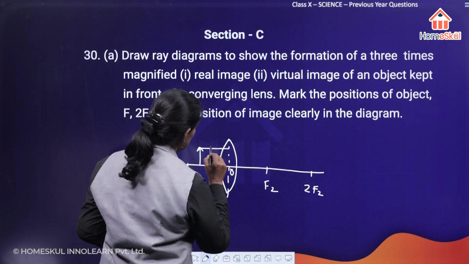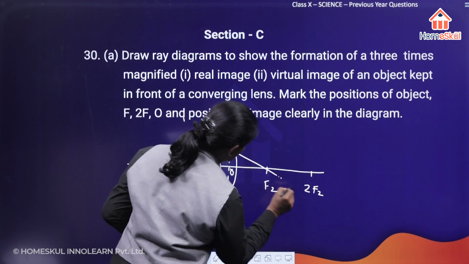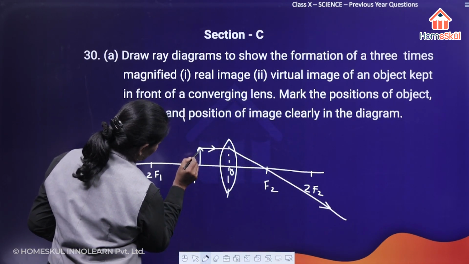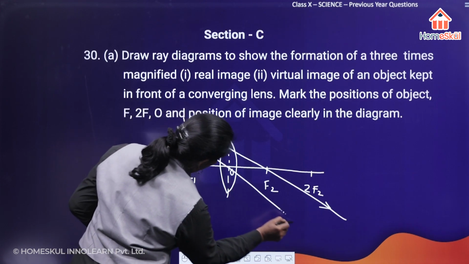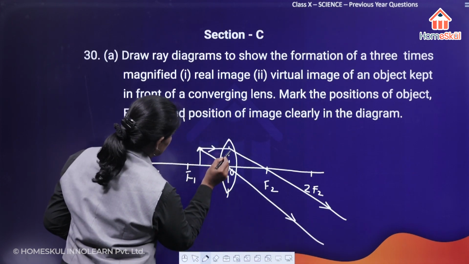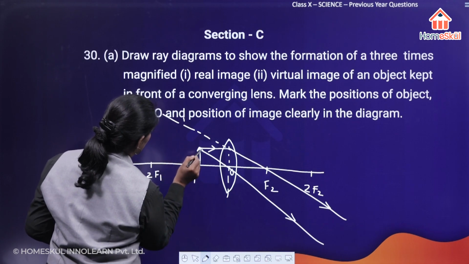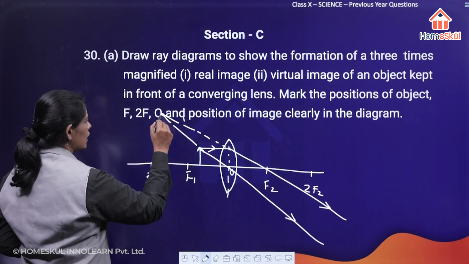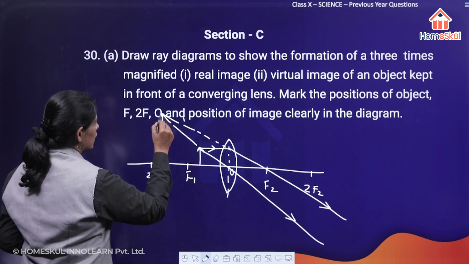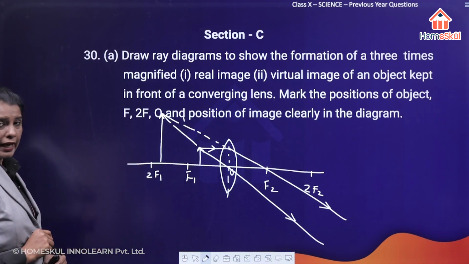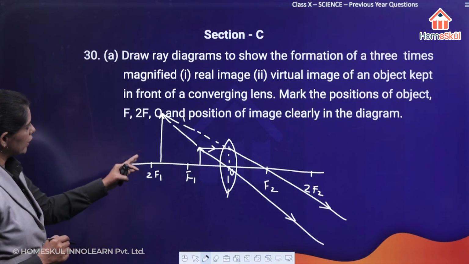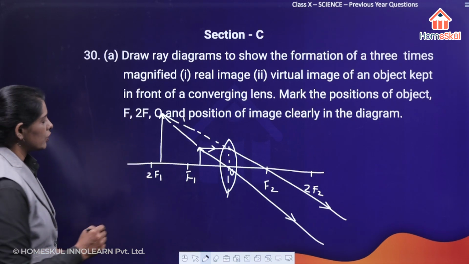Here the first ray, parallel to the principal axis, will pass through the focus, that is F2. The second ray passes through the optic center, and if you extend these two rays, they will meet at this point, that is in front of the lens, on the same side as the object, and here you can see we have got a virtual image.